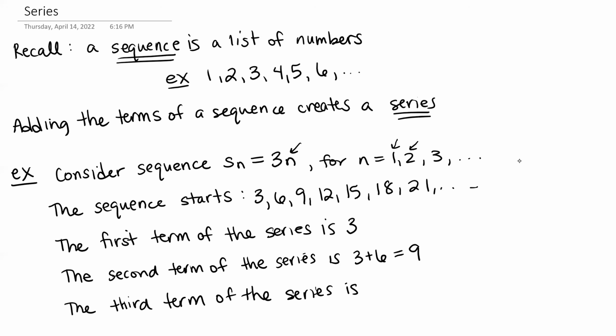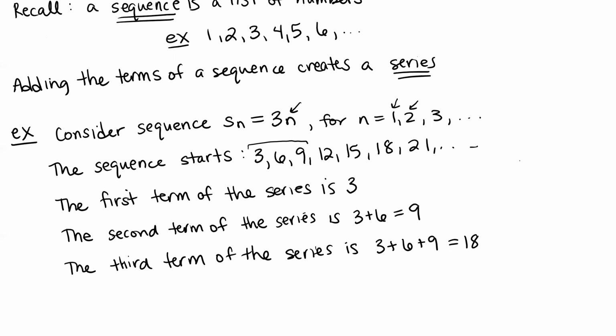The third term of our series, we find that by adding up the first 3 terms of our sequence. So we've got 3 plus 6 plus 9, or 18. Now we could just keep on going. So to find the nth term of the series, we're going to add up the first n terms of the sequence.